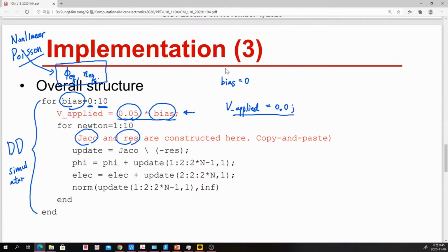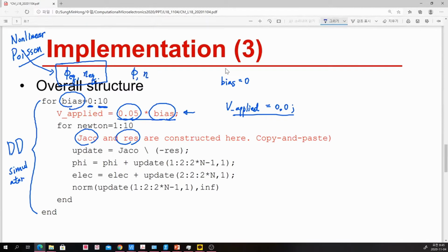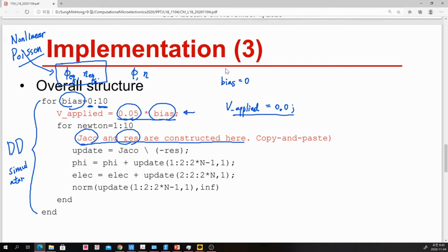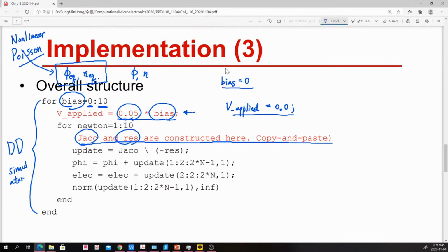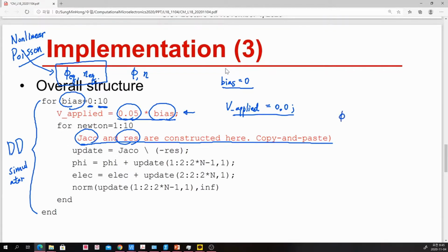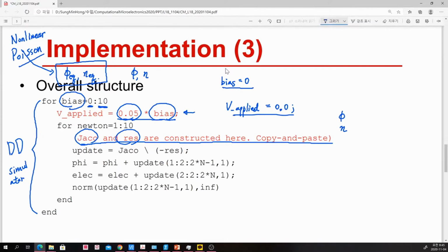So before starting this loop, we already have correct values of phi and n. So when we run this Newton iteration at bias equal to 0, so applied voltage equal to 0, since we already have good phi and n, it can be done without much difficulty.